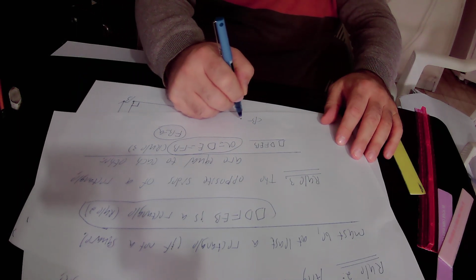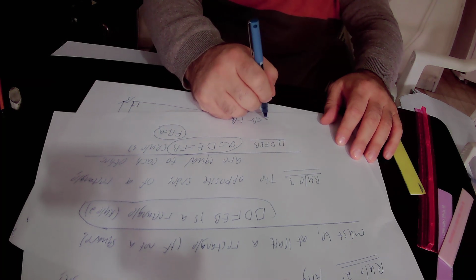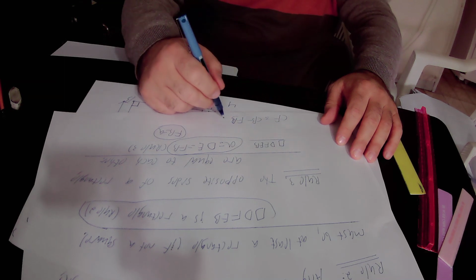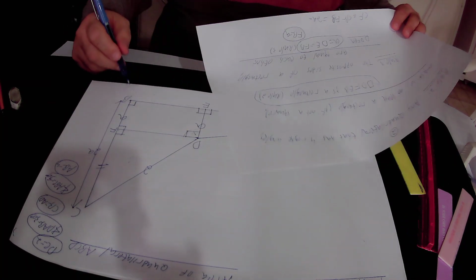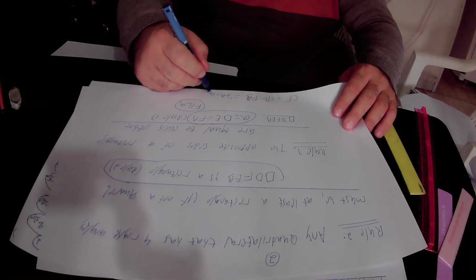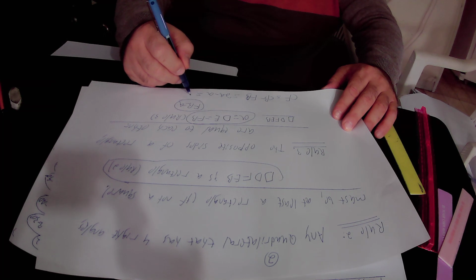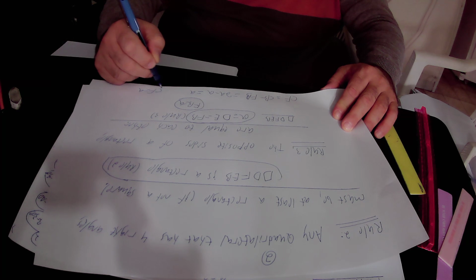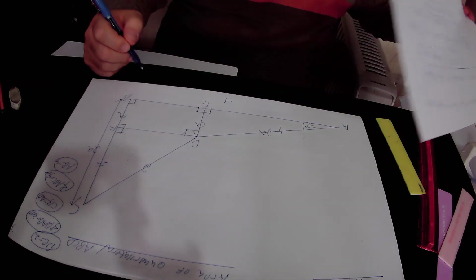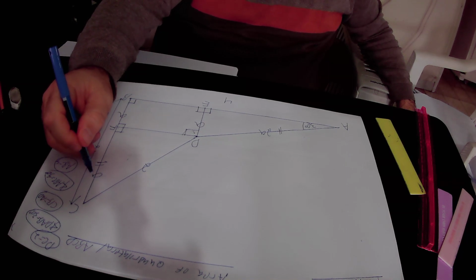That is to say, CF equals CB, that is 2A, minus FB, that is A. So CF equals 2A minus A, that is to say it equals A. So we found out that CF equals A, and we can write that here.